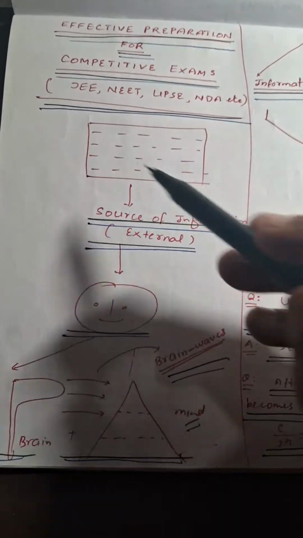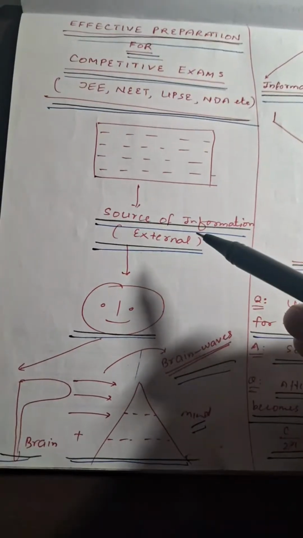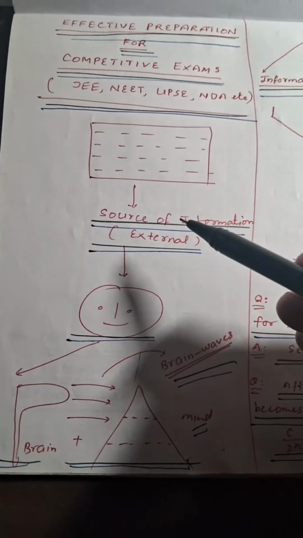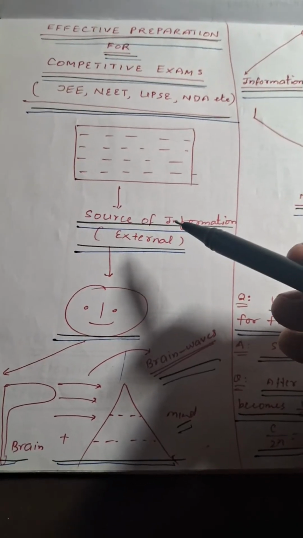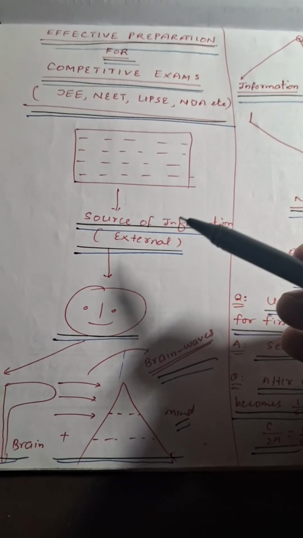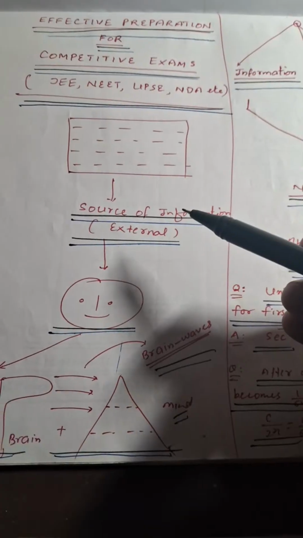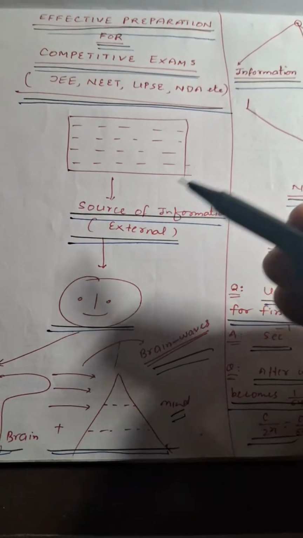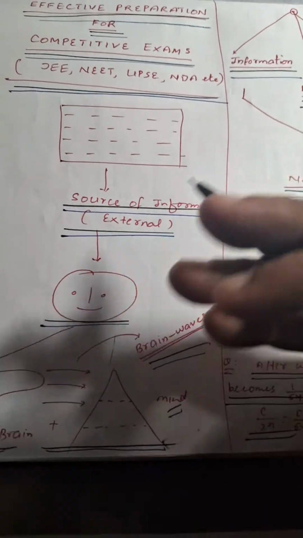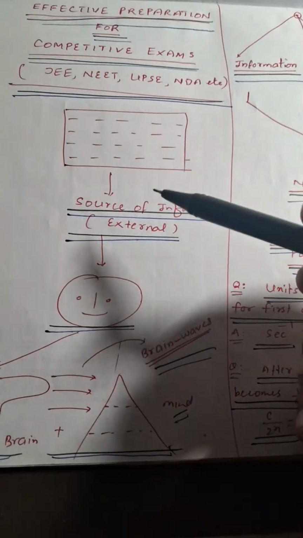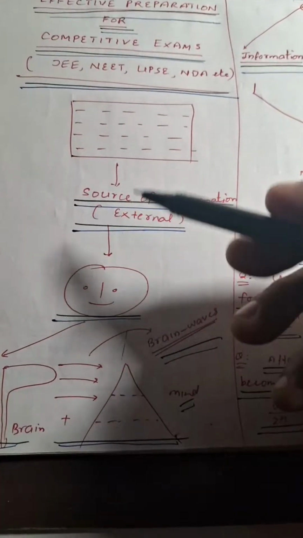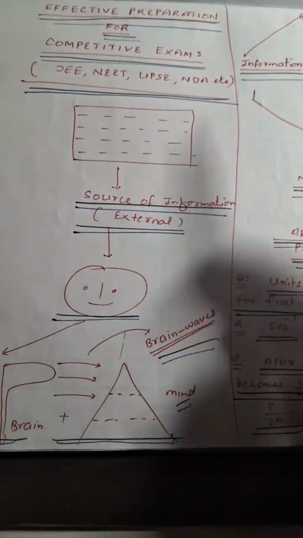So when you go to the class, there is a source of information which is external to you. This source of information may be in the form of a teacher who is online or offline, or you are using self-study, using books, or other sources, maybe some website or some YouTube video. But certainly there is a source of information which is external to you, which is not within your mind brain system.